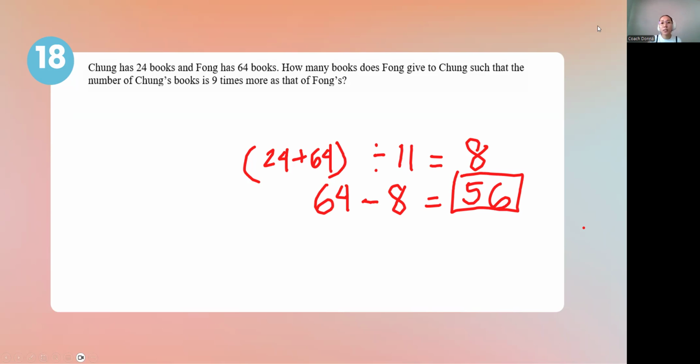Yes, Lucas. In the problem, it says 9 times more is that of Fong's, but in the paper, it says 10 times is that of Fong's. Oh, it's the paper. It says 10. All right, let me double check that one. I think that is indeed 10 times more. Okay, so that the solution would be divided by 11.